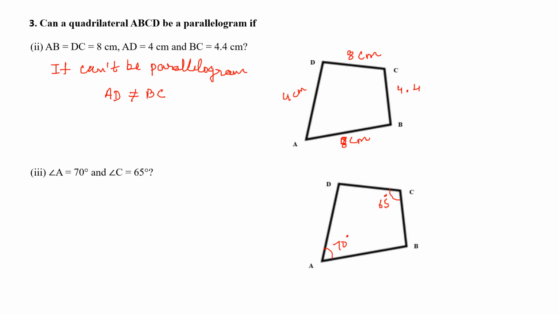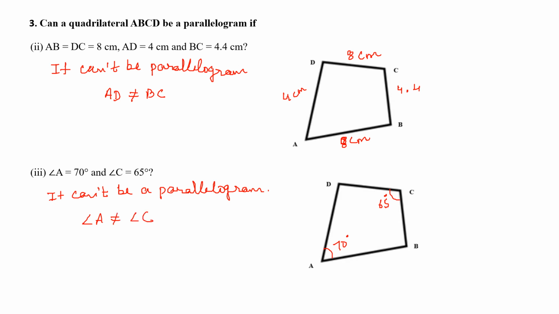So here also a parallelogram is not possible, because the opposite angles are not equal, right? So it cannot be a parallelogram. And what will be the reason? Because opposite angles are not equal. Here angle A is not equal to angle C.